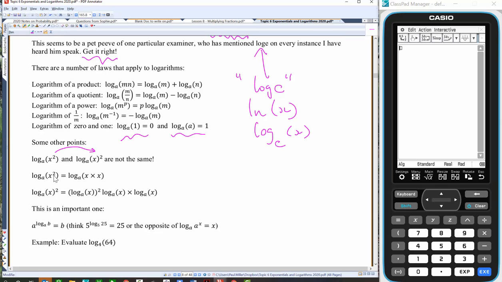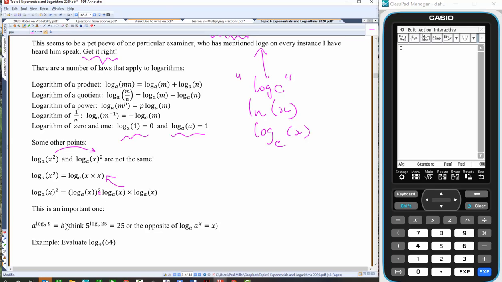Log a x squared is equal to log a x times x, and log a x squared, this version of it, should be said as log a x all squared. So it's log a x all squared, what have I written there, is equal to, so I've forgotten some equal signs there. Log a x times log a x, completely different to what that says.